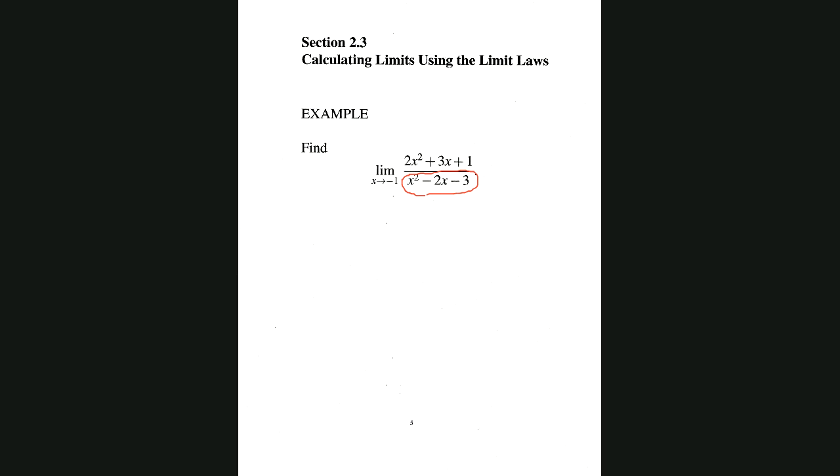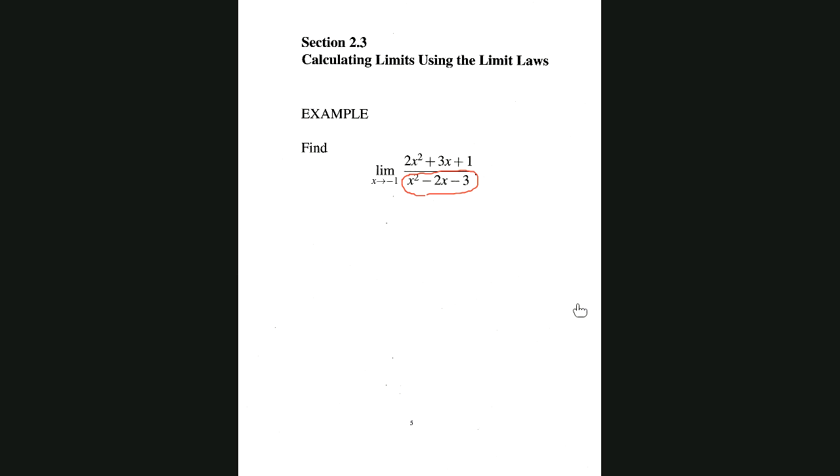All right, great. Well, what do you think we could do to help us determine this limit? Of course, I know that we could graph the rational function and observe how it behaves near x equals -1.